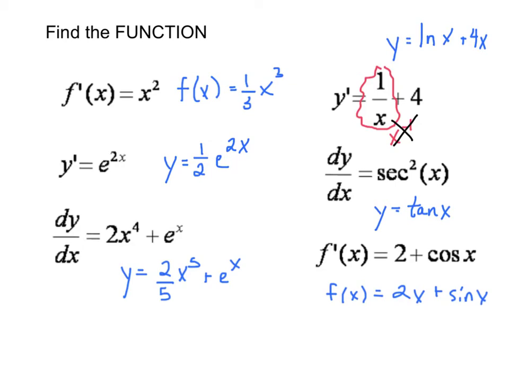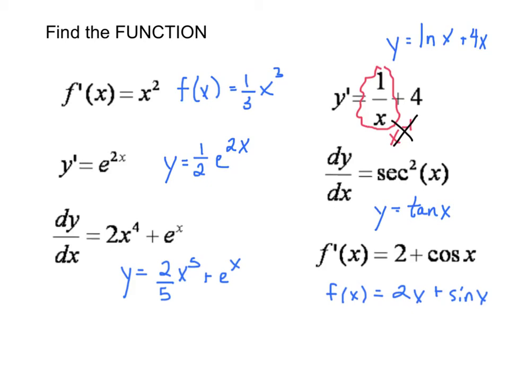Now, unfortunately, at this point, every one of these is wrong. We're missing one thing, and that has to do with the fact that if I had, let's say, a plus 3 here, when I found the derivative, it would have been gone. If I had a plus 7 here, or minus 10, any constant is gone when you find the derivative.